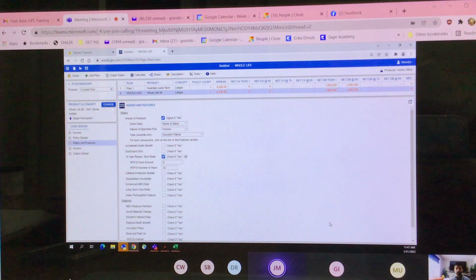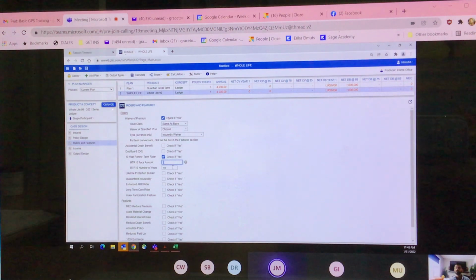10-year renewable term rider. It's going to be a 10-year renewable term. Anytime you see a yearly renewable term or RPR or YRT, it's going to be an increasing premium contract. This is going to be available for 10 years. It is going to increase the premium for 10 years.